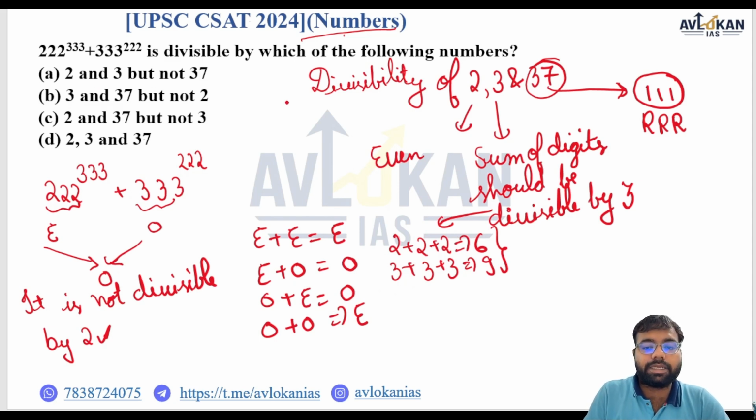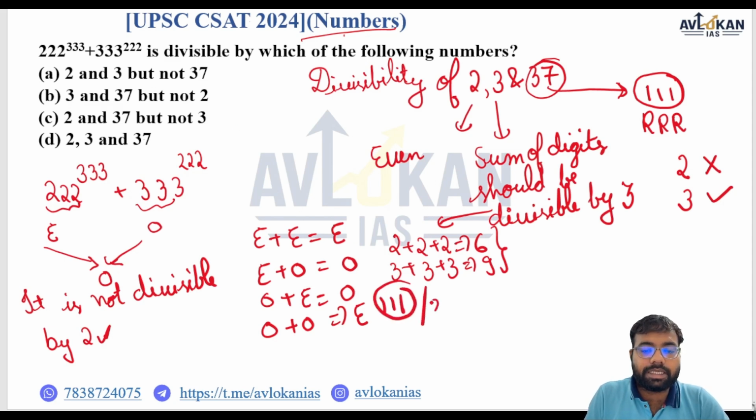Now I am writing it here. 2 not divisible, 3 yes. Next, 37. Now you will see that 111 is divisible by 37, right? So in that case you will see that 222 is a multiple of 111, and 333 is also a multiple of 111.